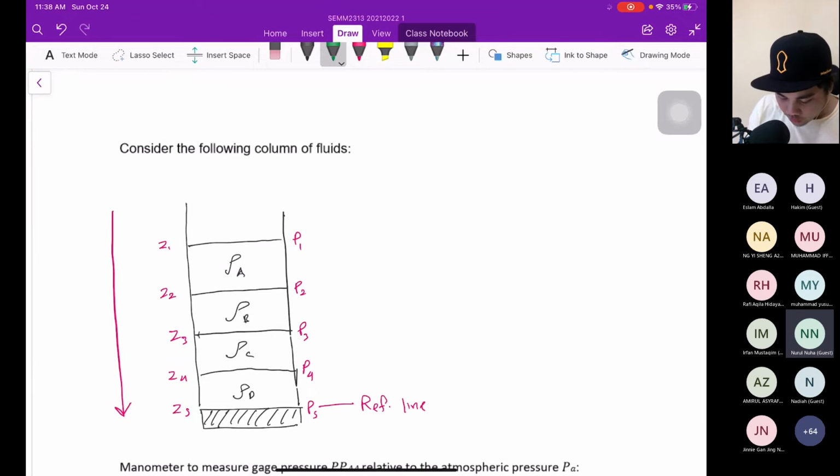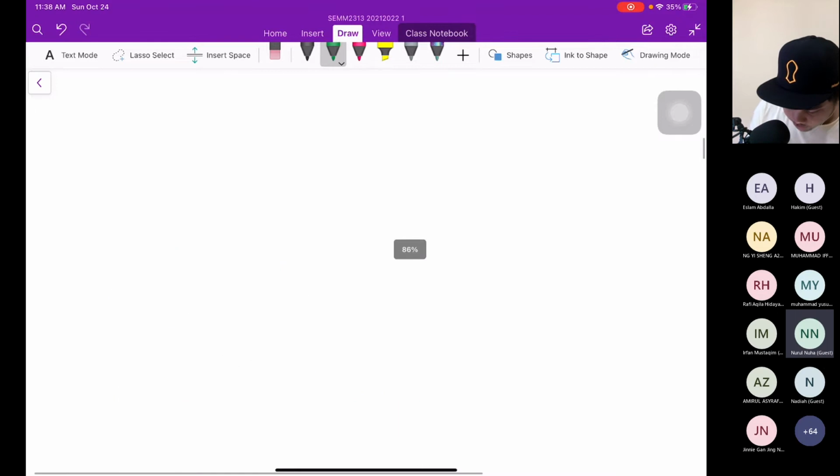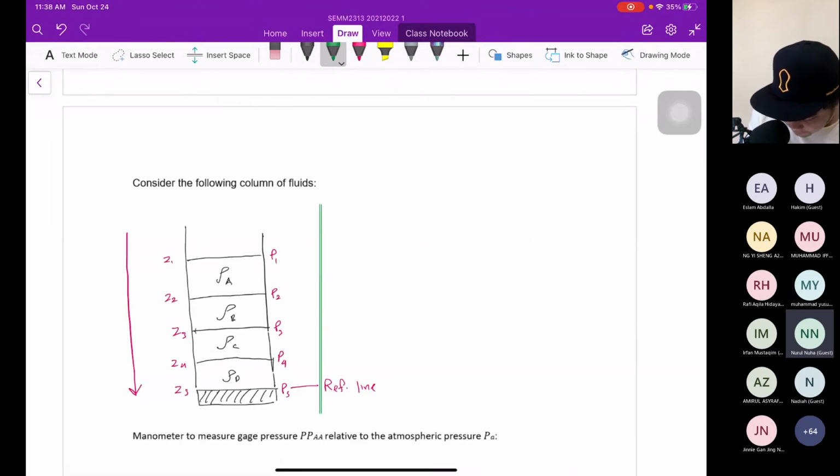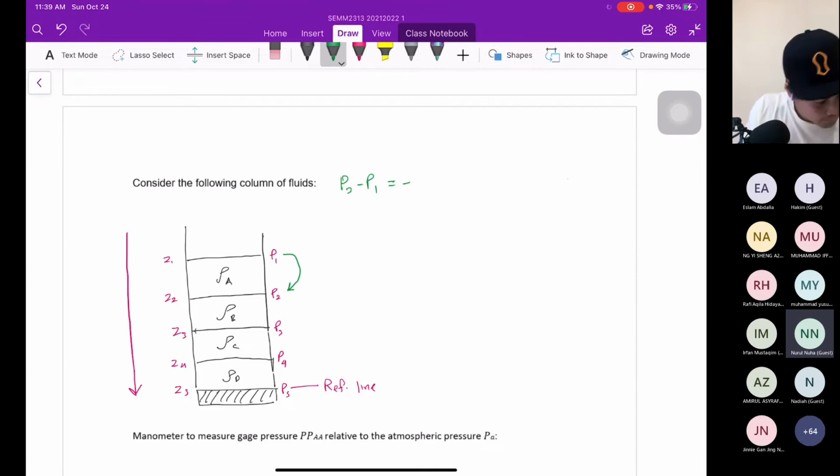We start with P1 going to P2, so P2 minus P1 equals negative rho A g, Z2 minus Z1. Plus, P2 going to P3.